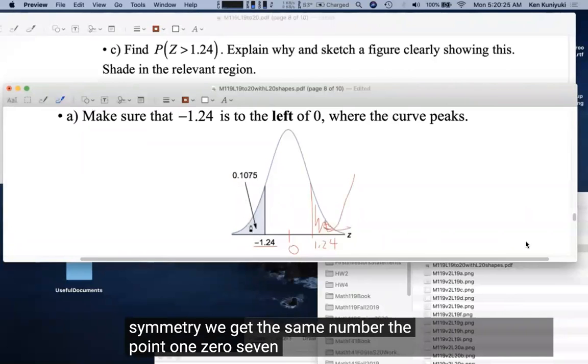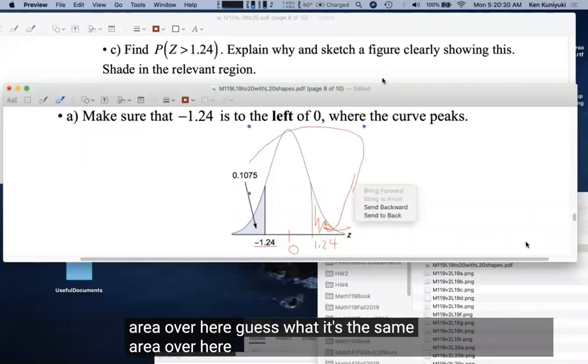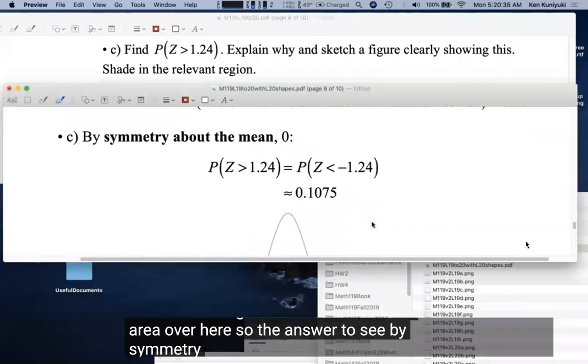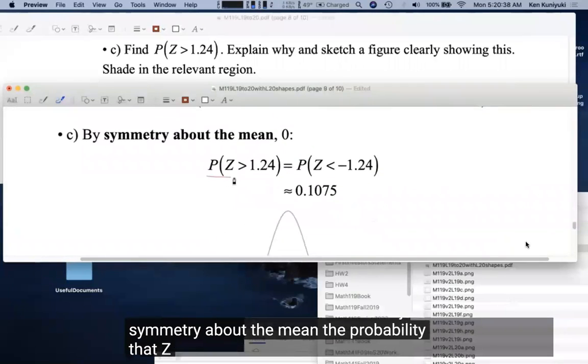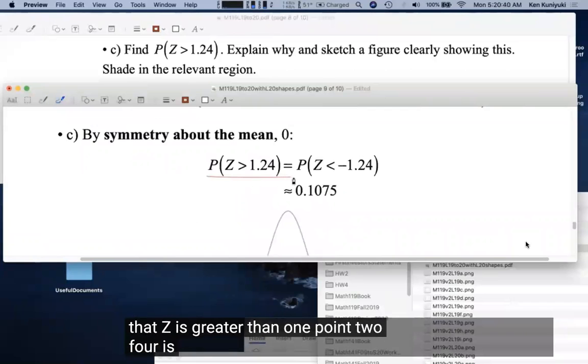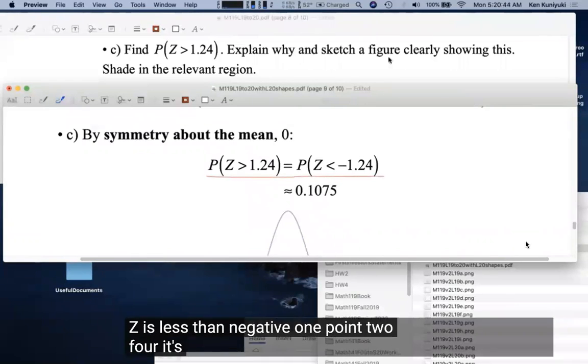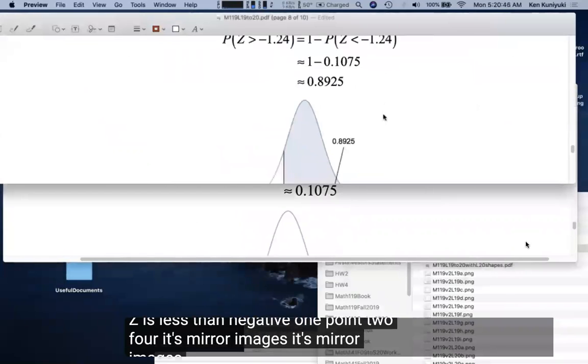The 0.1075, which was the area over here, guess what? It's the same area over here. So the answer to C, by symmetry about the mean, the probability that Z is greater than 1.24 is the same as the probability that Z is less than negative 1.24. It's mirror images.